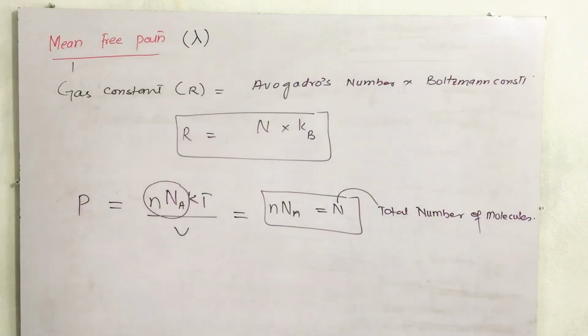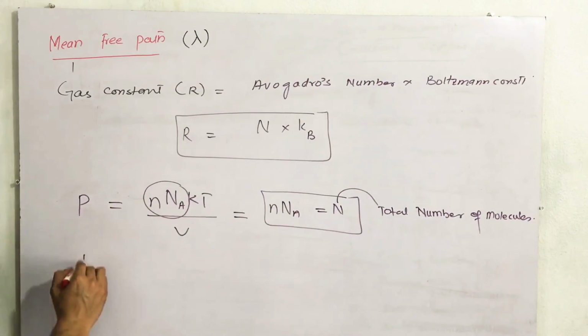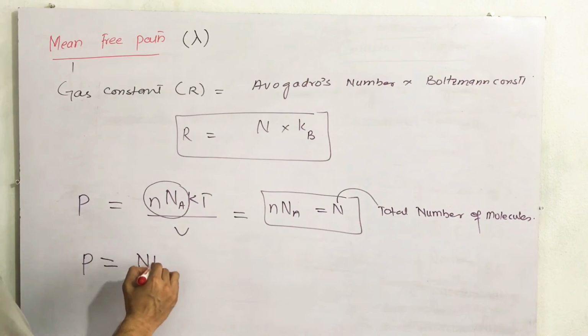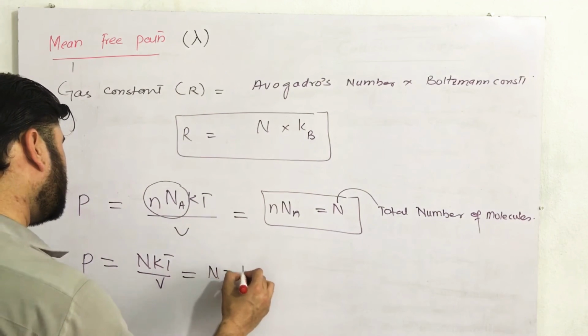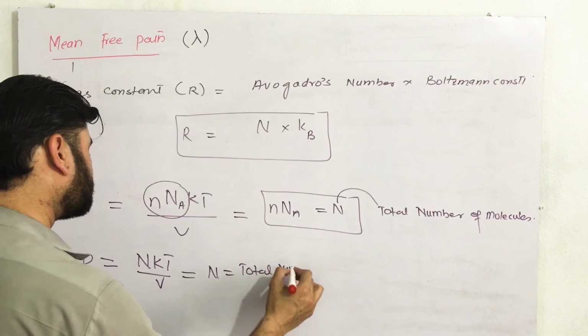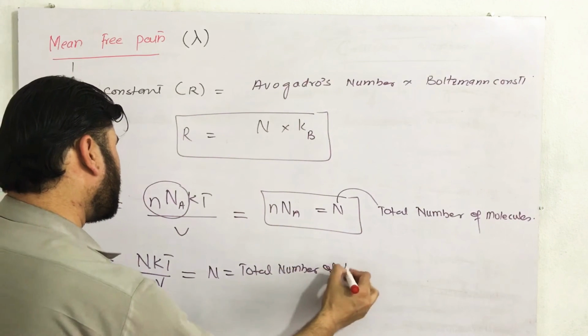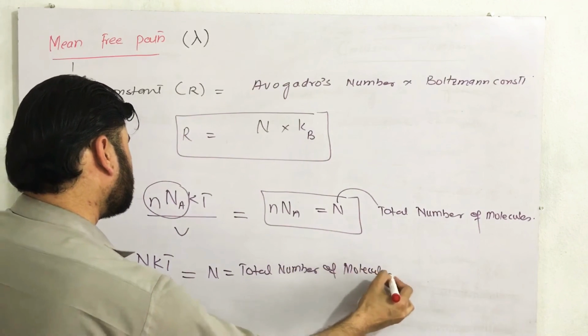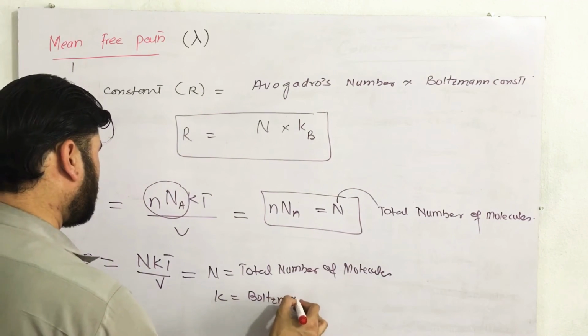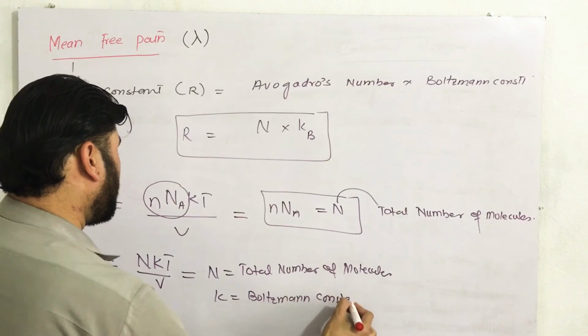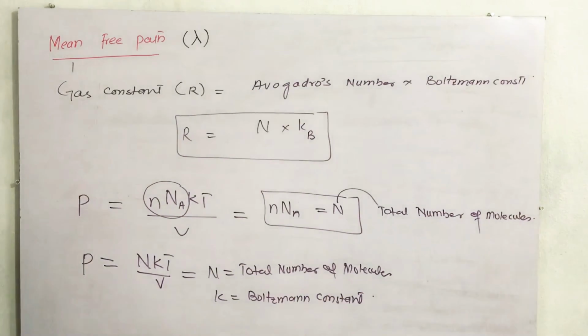So this equation will become P is equal to N K T by V, where N is the total number of molecules, K is the Boltzmann constant, and T is the absolute temperature.